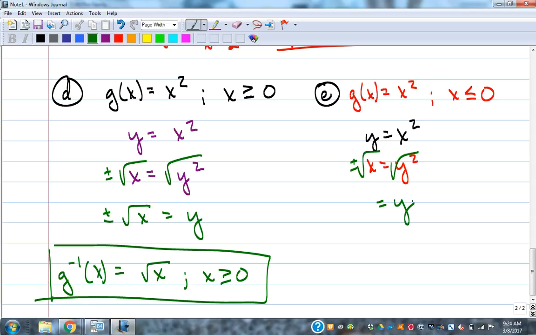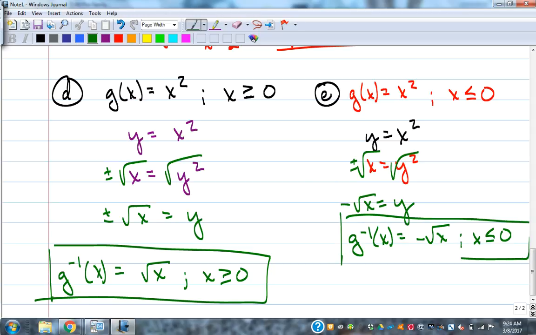Yeah, because that's all negatives up here, right? So that's why I'm going to keep the negative side on that one. So g inverse of x for this one is negative square root of x, for x's less than or equal to 0. So that part's not as confusing as it seems. It's pretty straightforward.